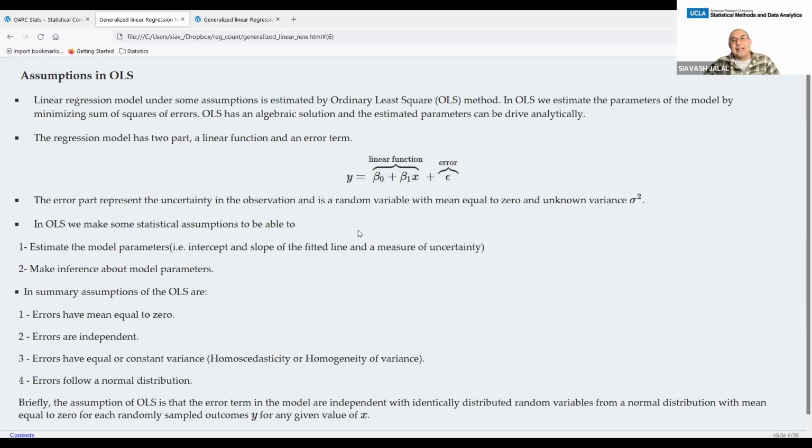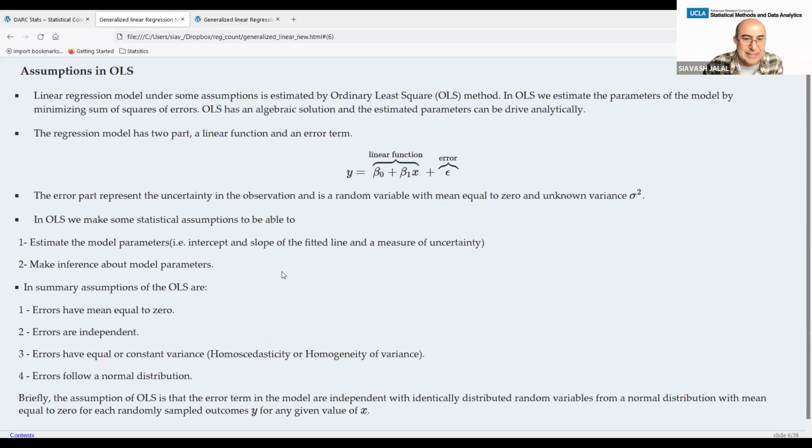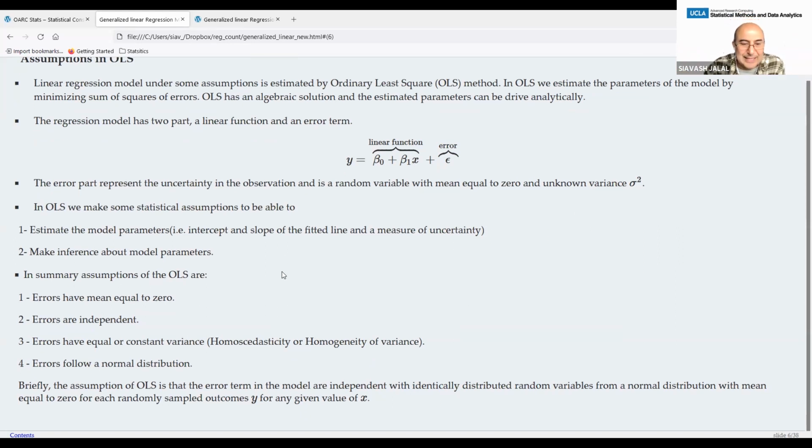If you don't get the correct standard error, you cannot make the correct confidence interval, and then you cannot make a correct inference in statistics. This assumption is also known as homoscedasticity or homogeneity of variance. I'm sure lots of you have heard it.